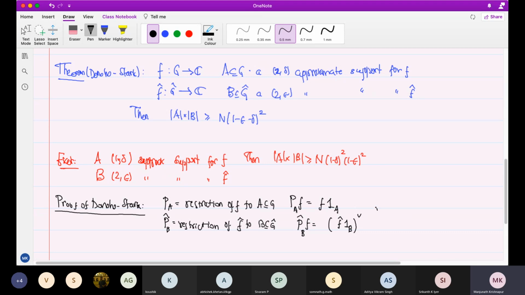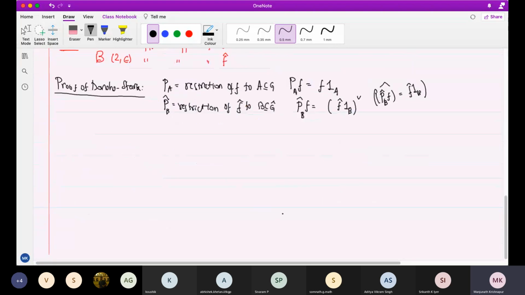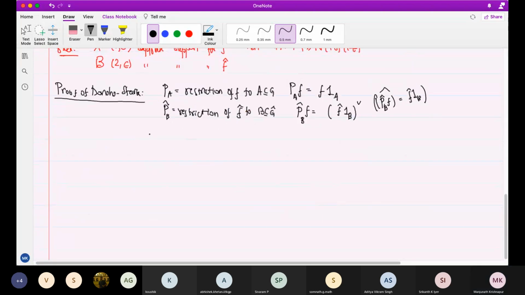You can also write it as the function whose Fourier transform is the restriction of the Fourier transform to B. That's another way to write it. So these are projection operators on L2 of G to L2 of G.